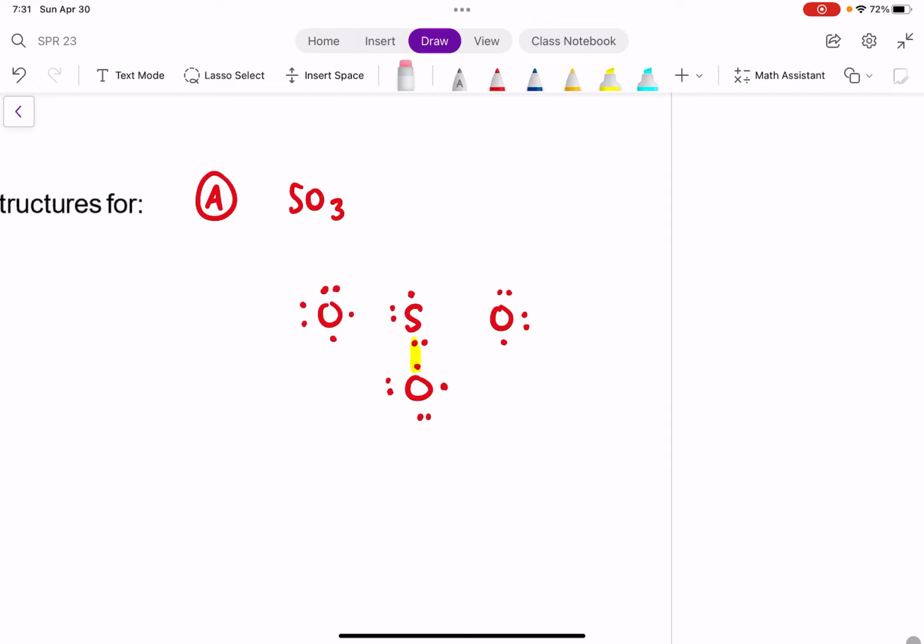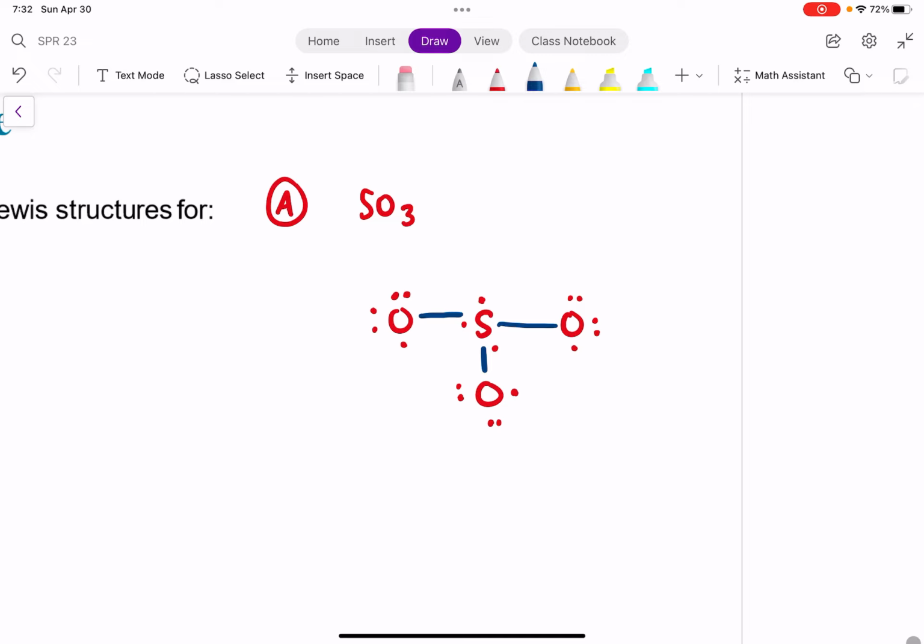I'm going to erase these 2 and make that a bond, erase these 2 and make that a bond, and then erase these 2 and make that a bond. Now that sulfur has 3 electrons around it, and then 3 bonds.